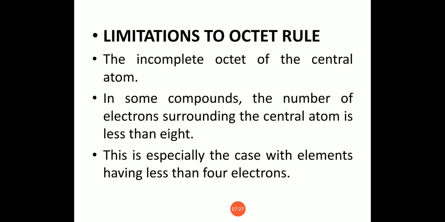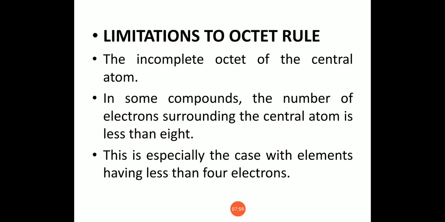It has not become 8 electrons. And in some compounds, the number of electrons surrounding the central atom is less than 8. That is the point we have discussed. This is especially in the case of elements having less than 4 electrons. We have seen that in some compounds, the number of valence electrons in an atom is less than 8, that is incomplete octet.